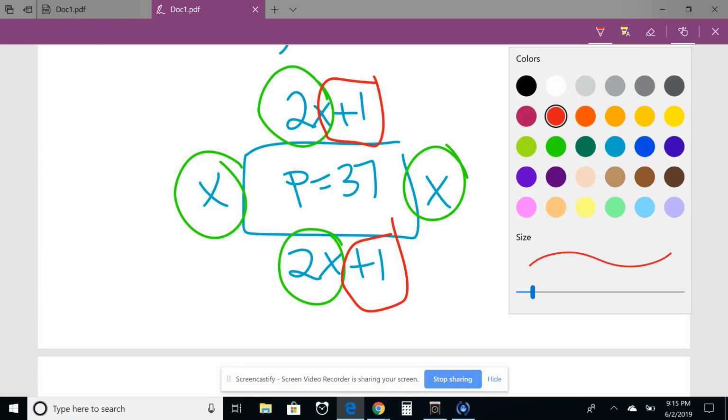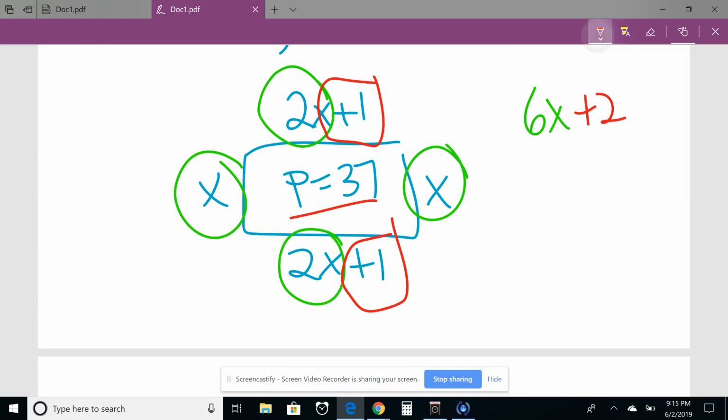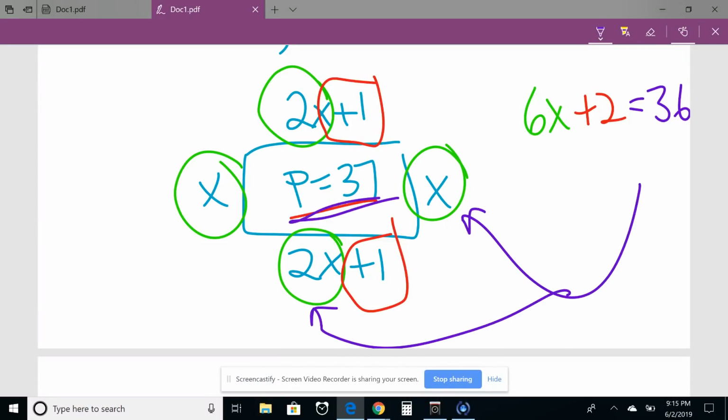And that perimeter is 36. So that's how you would set up that equation. Once you get your x, you plug them back in. So remember, the opposite sides of a rectangle are always the same.